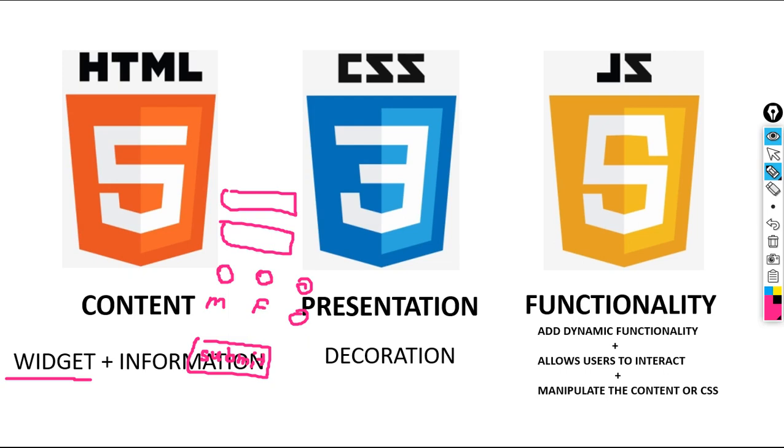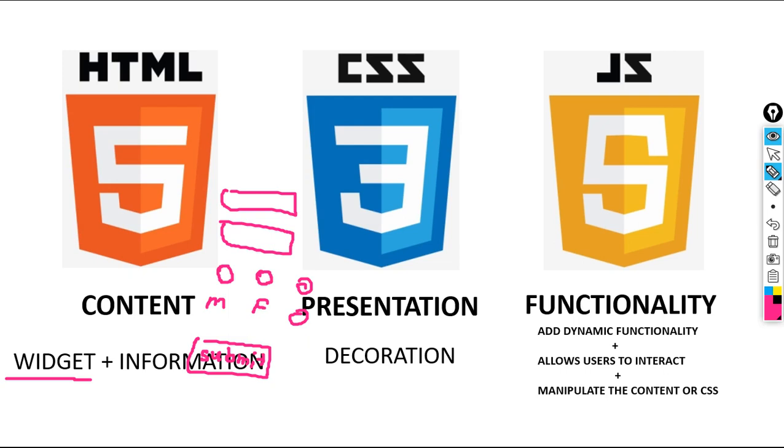Similarly, in a web page, we have a particular text box to input data. We have a checkbox to select a particular option. We have a radio button to choose a particular option. We have a button to submit the information after filling the form. So all these radio buttons, checkboxes, input text, and submit button come under widgets.